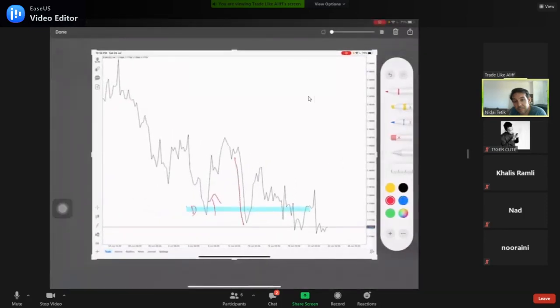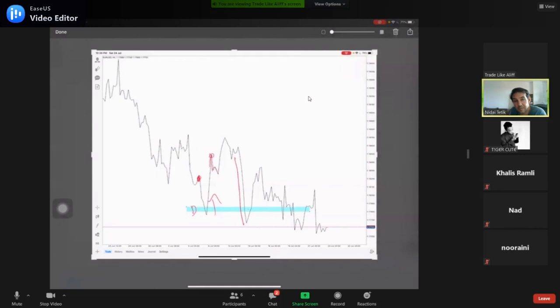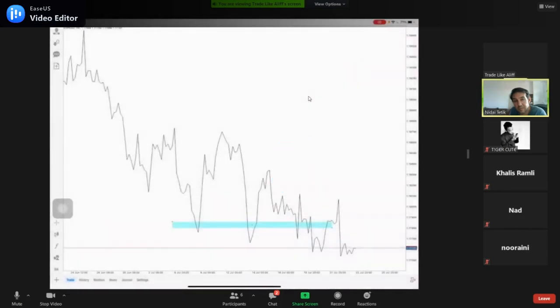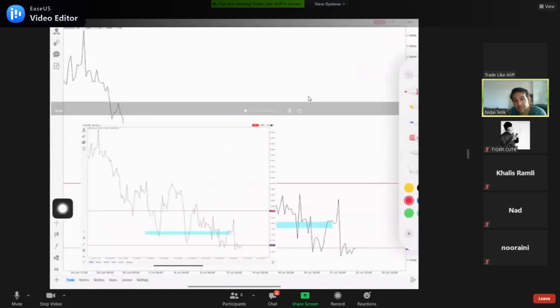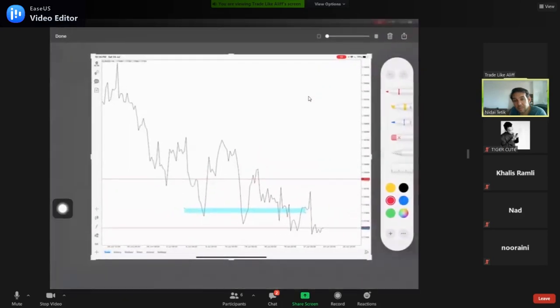What? Look at above. Find the big movement. One here. Where's the other big movement? Around here. But I like to use this one. This is the pie.